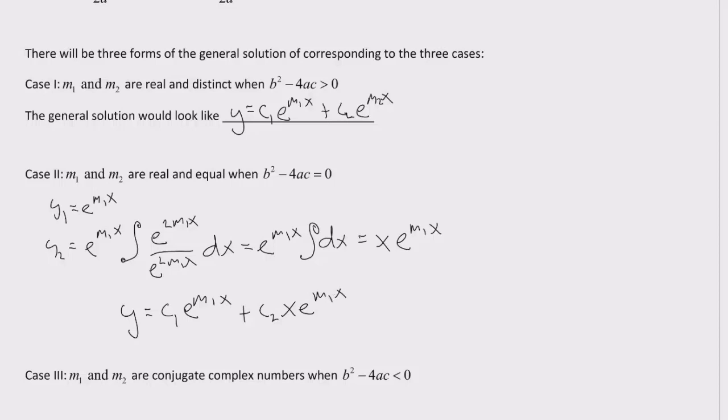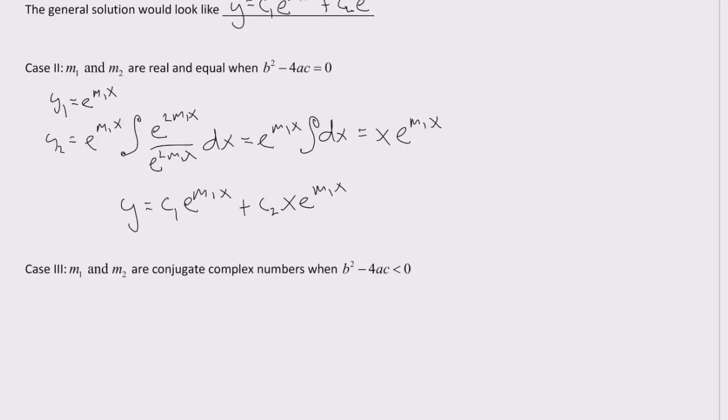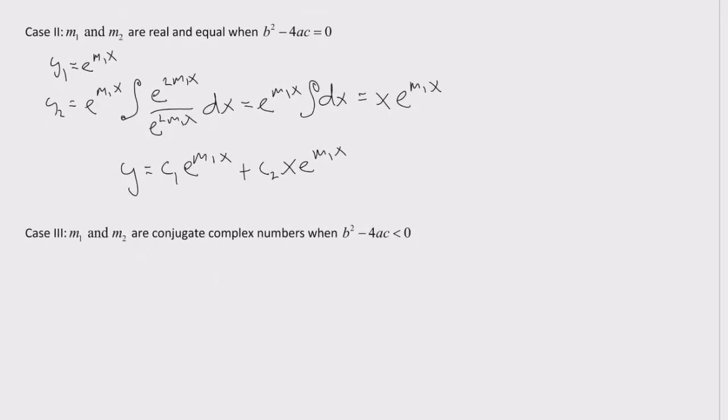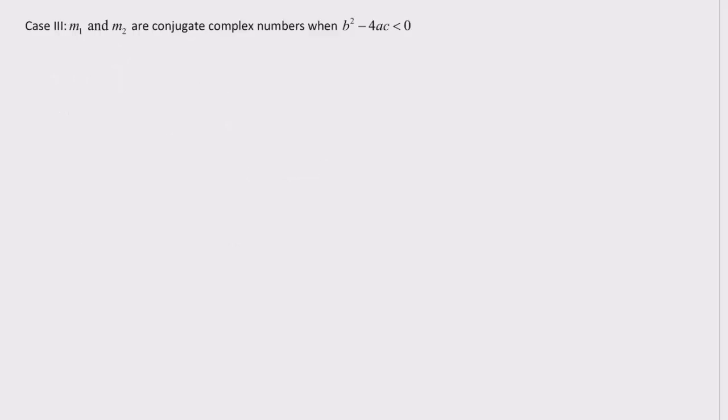All right, and then the last case is when it's complex. When the discriminant is less than 0, we end up with complex solutions. In this case, our solutions are going to look something like m1 as alpha + i beta, and m2 as alpha - i beta.